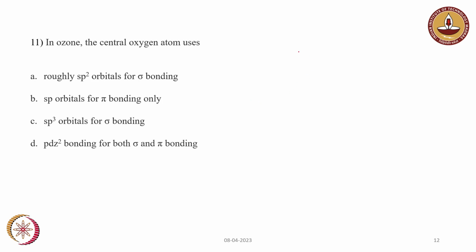So in ozone, the structure is O. The hybridization for the central oxygen will be sp2 because two bond pairs and one lone pair are present. So the answer will be roughly sp2 orbitals for sigma bonding.